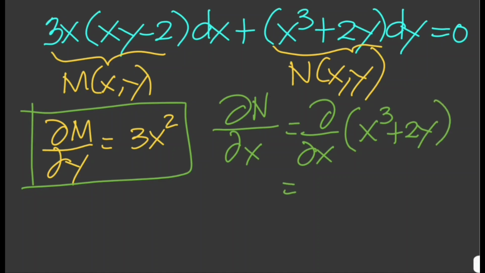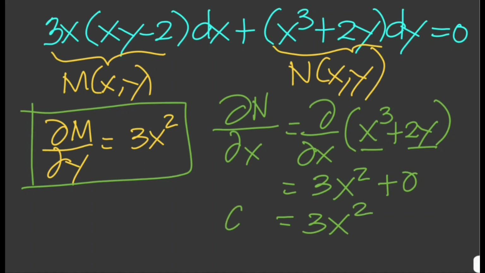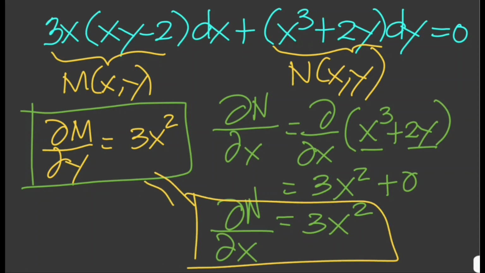We're differentiating with respect to x, so all of the terms other than x would be considered constants. The derivative of x cubed is just 3x squared, and 2y here is a constant, and the derivative of a constant is equal to 0. So this is just equal to 3x squared. Take note that these two are equal, so this differential equation is exact, and now we can solve for the solution.